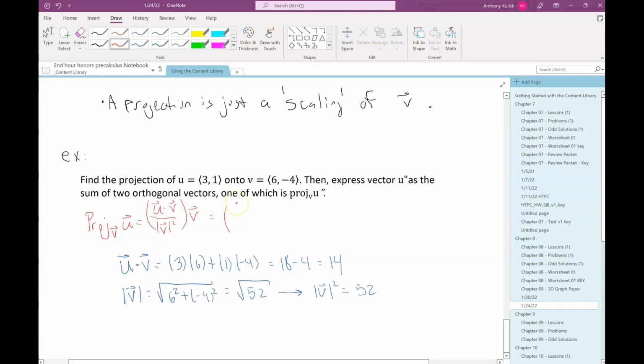So 14 over 52 really reduces down to 7 over 26. So when I do that, what do I get? I get 21 over 13, and then I get negative 14 over 13. Everybody's okay?